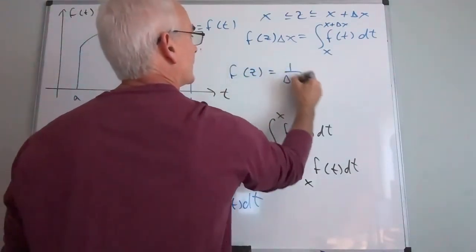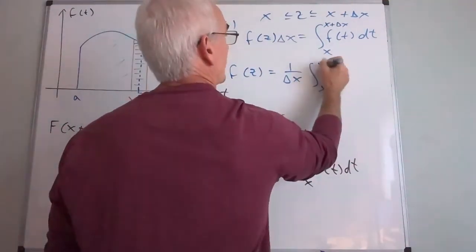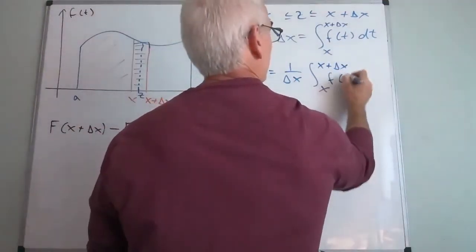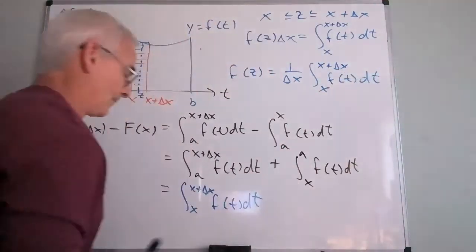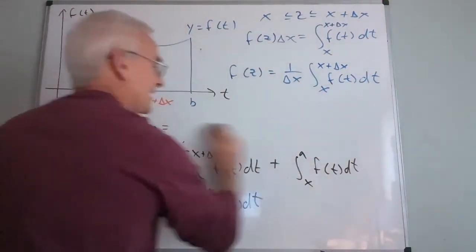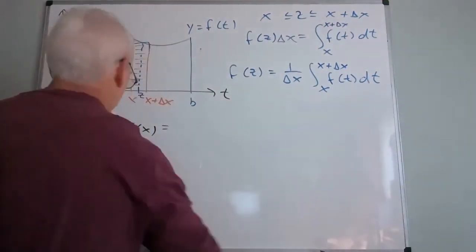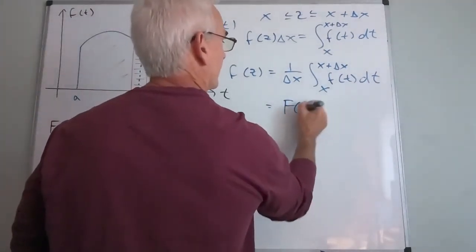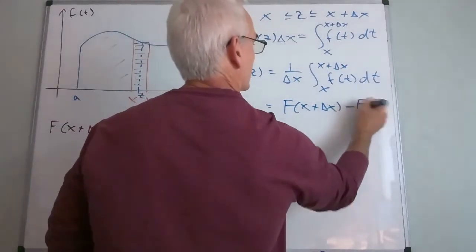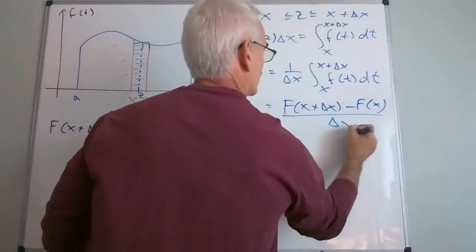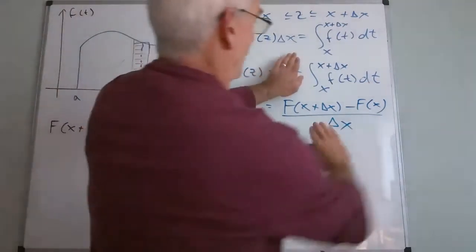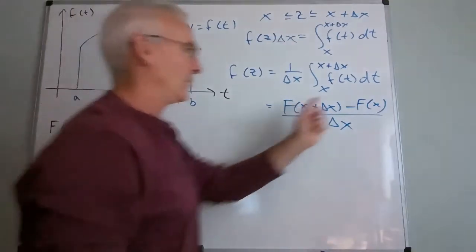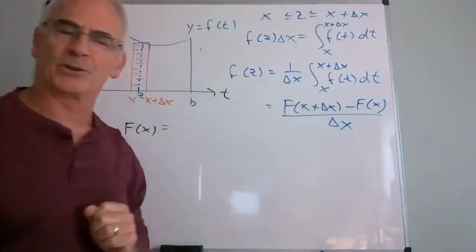Then I'd get 1 over delta x. Delta x is not 0, but obviously when you see a delta x, you know there's a limit coming somewhere. I know that is true. But what else does that equal? That equals this over delta x, because I know that this equaled the numerator. Does that have a familiar look to anybody?